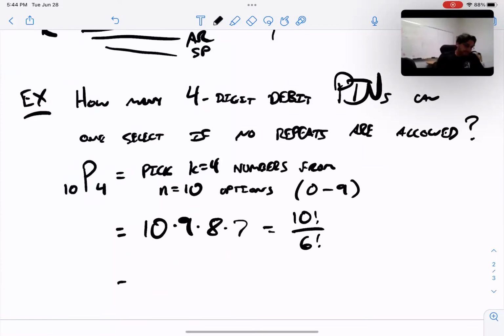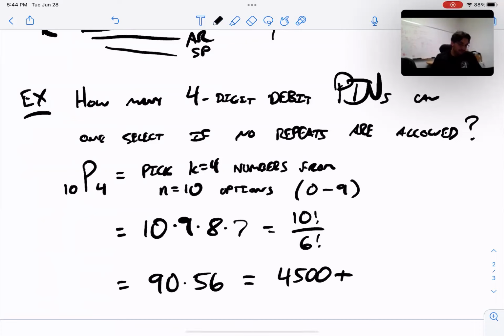And just for the sake of crunching out the number, what would we have here? We'd have 10 times, let's see, this is 90 times 56. So what do I get there? 90 times 50 is 4,500, and 90 times 6 is 540.